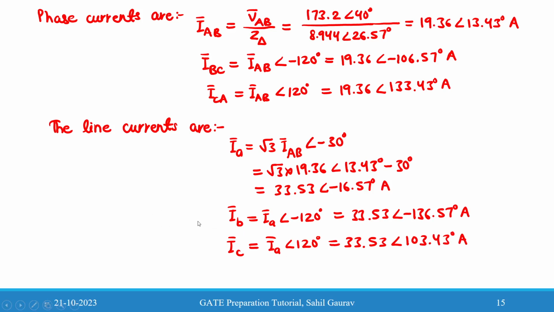Here we are using the ABC phase sequence. Whatever the phase voltage sequence, the line currents will also be in the same ABC sequence. That's why we have taken the phases displaced by 120 degree.